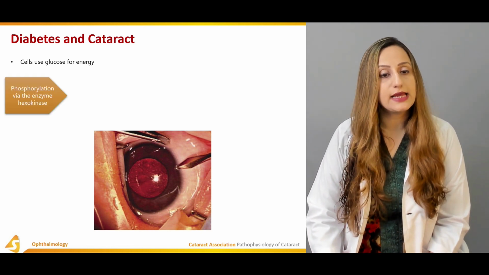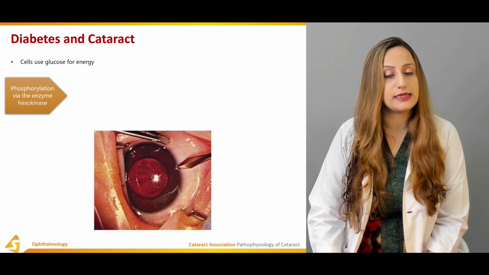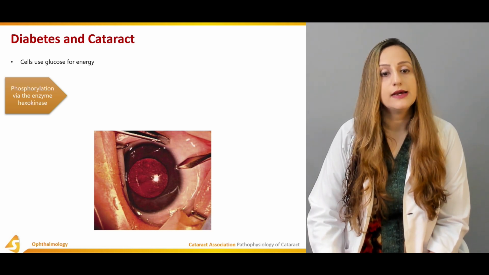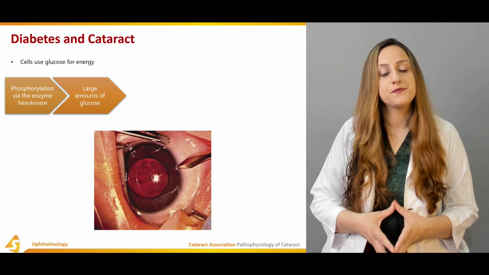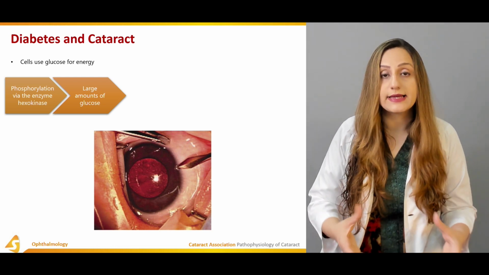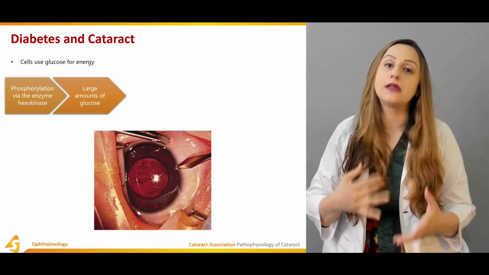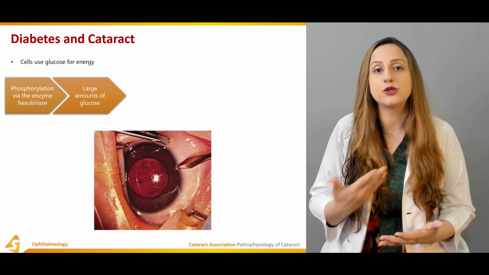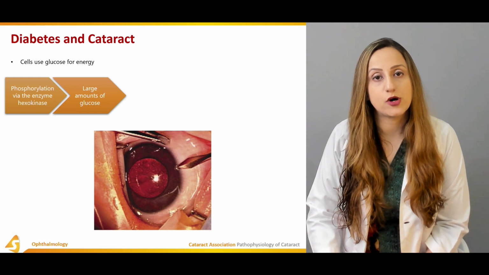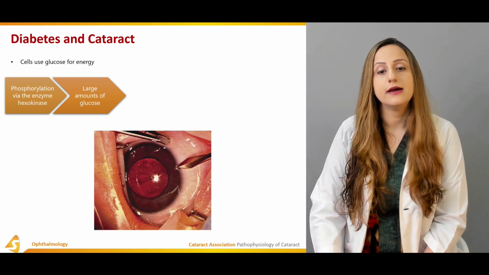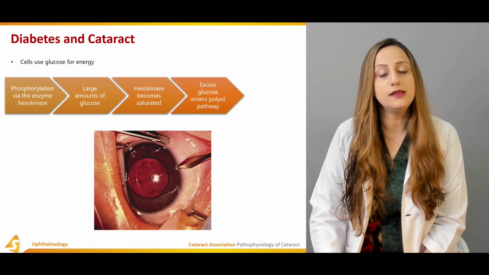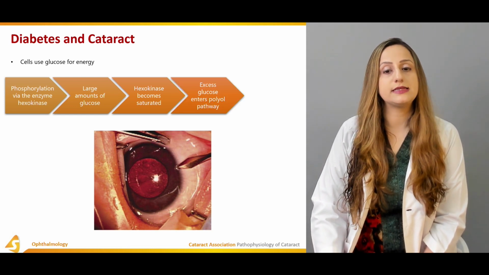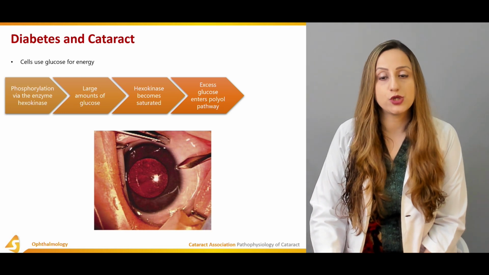And the phosphorylation via the enzyme hexokinase is again very important over here. Large amounts of glucose are produced inside the body, and due to this excess glucose, the polyol pathways are activated. The hexokinase becomes saturated as well, and the excess glucose enters the polyol pathways, as we were already focusing on.